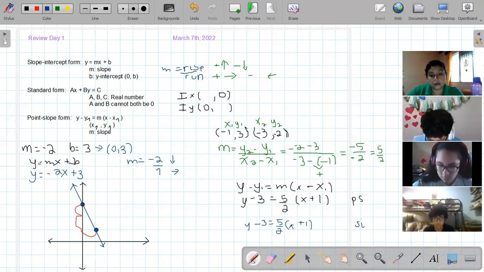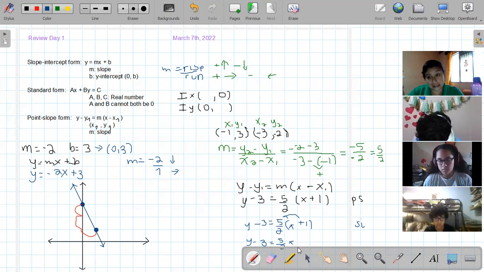For this one, I need to do the distributive property. And then I need to pass the 3 to the other side. So let's do the distributive property first, okay? So y minus 3 is equal to 5/2 times x, 5/2 x. And 5 times 1, because that's the little hint that I gave you, when you have a fraction multiplying a whole number or an integer, you multiply the integer times the numerator and you copy the denominator, okay?